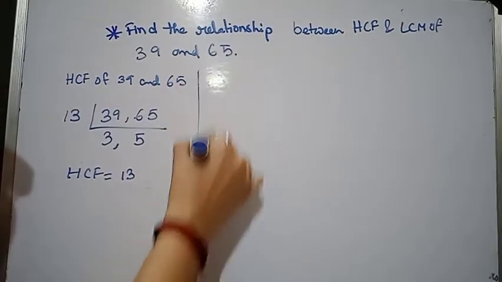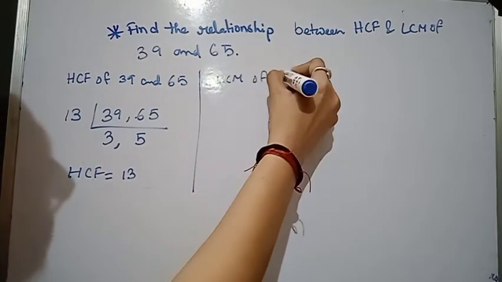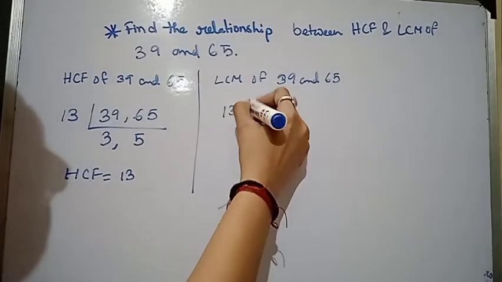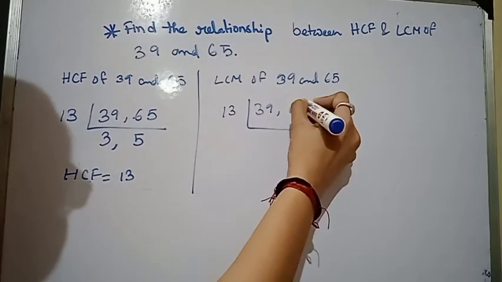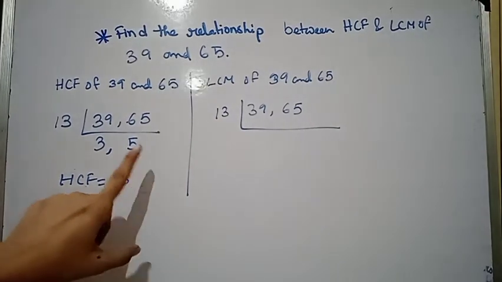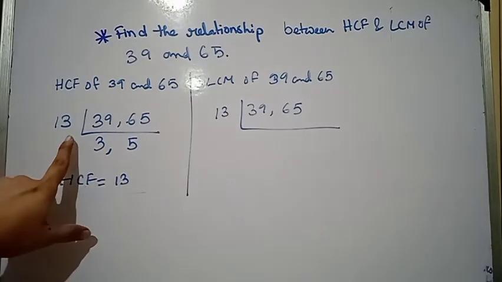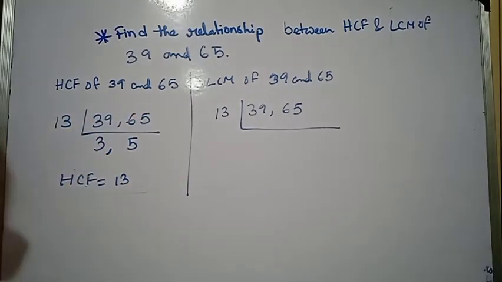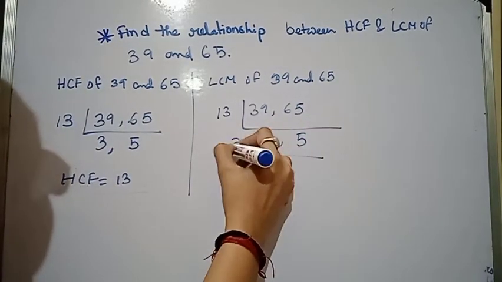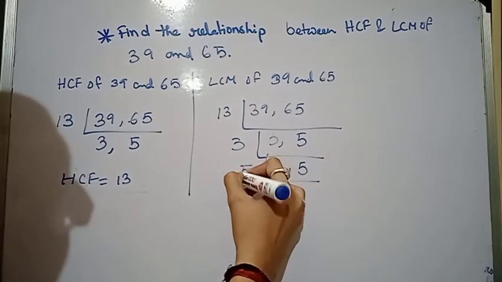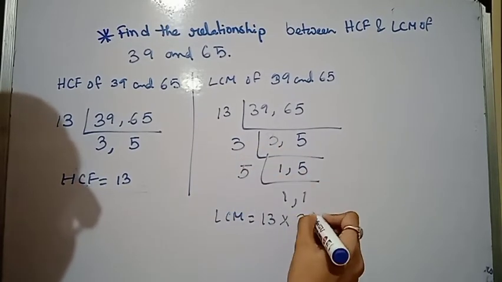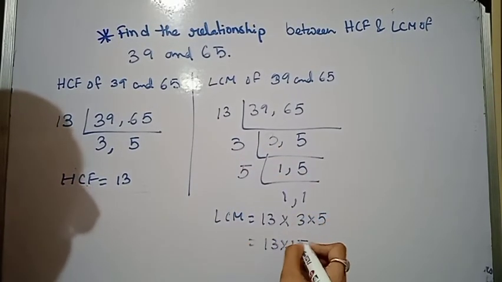Now we are going to find the LCM of 39 and 65. 3 and 5 cannot be divided by any one number, so the HCF is this only. But when finding the LCM, we will divide 3 and 5 using different numbers, so that we get the LCM as 13 into 3 into 5, that is 13 into 15.